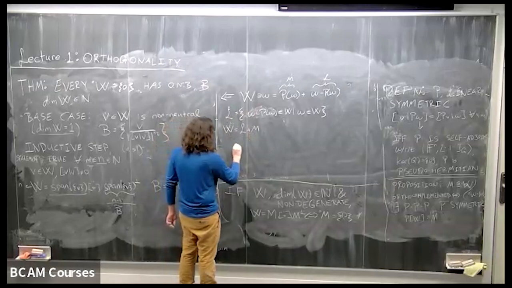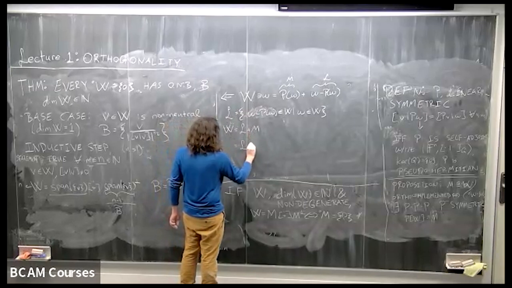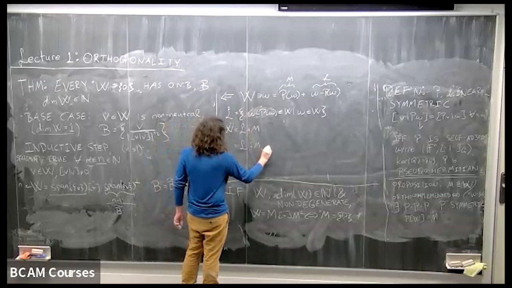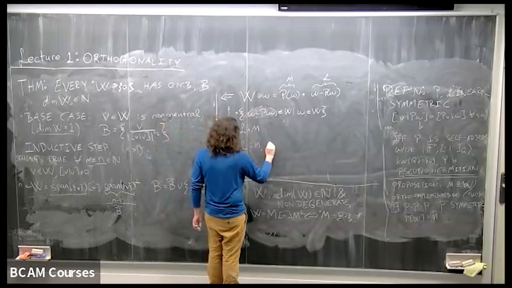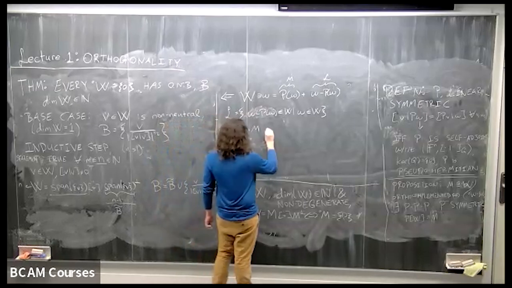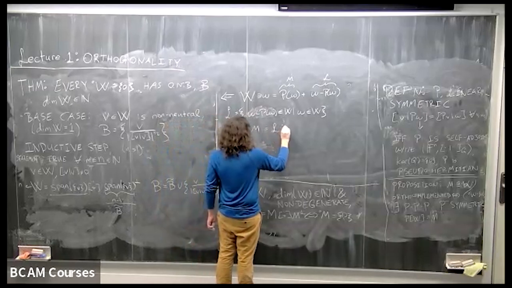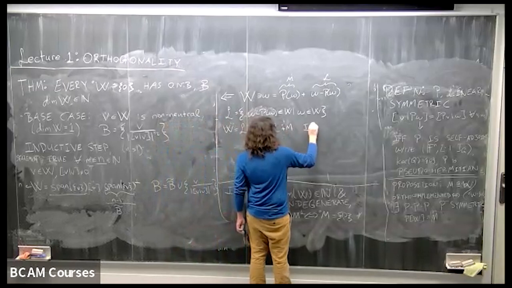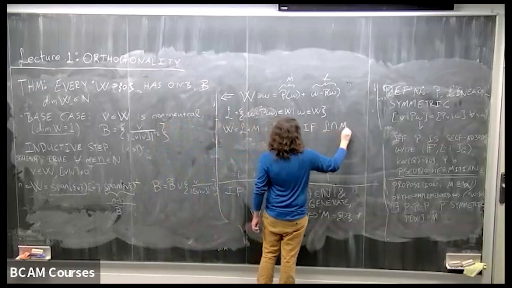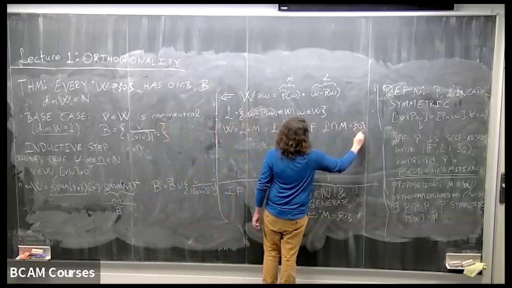Now, if we want to prove that this is a direct sum, what we need is that the intersection of these is the zero vector.